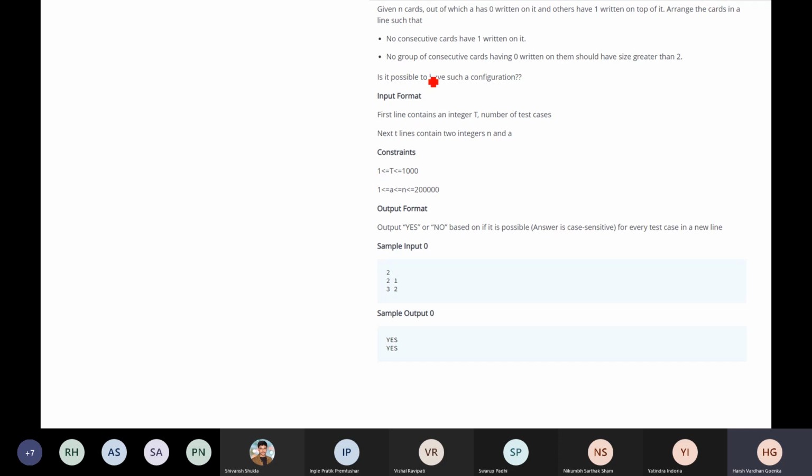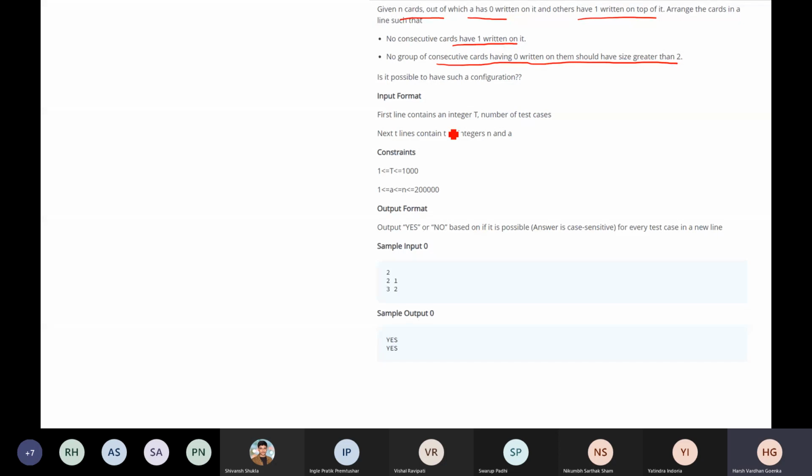So the first question, is the question visible to everyone? Yeah, it is visible. Given n cards, out of which a have 0 written on them and others have 1 written on them, arrange the cards in such a way that no consecutive cards have 1 written on them and no group of consecutive cards having 0 written on them should have size greater than 2.